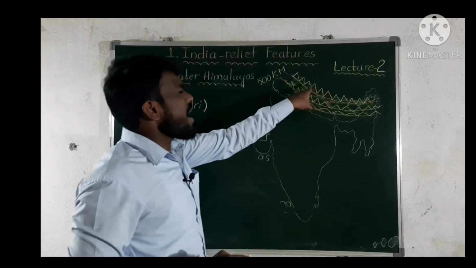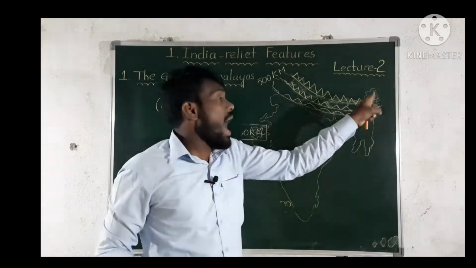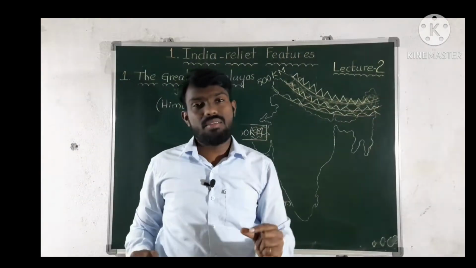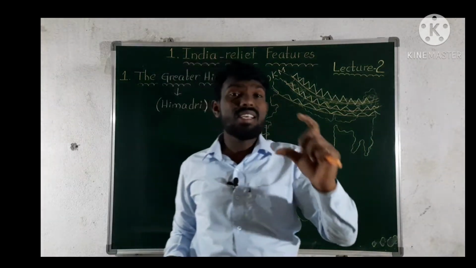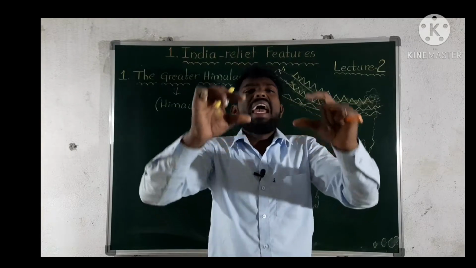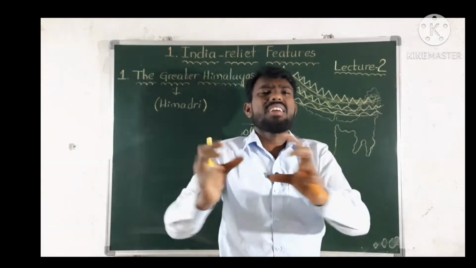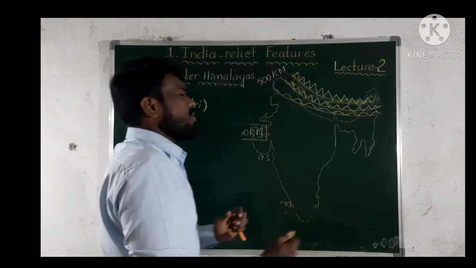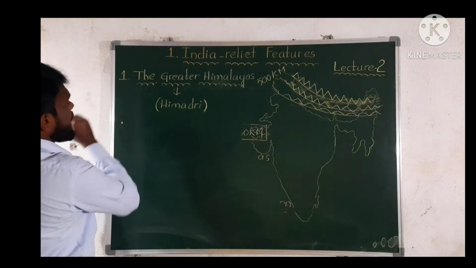We can see the highest peaks in the Greater Himalayas, having greater elevation. The average height of the Greater Himalayas is 6,100 meters.